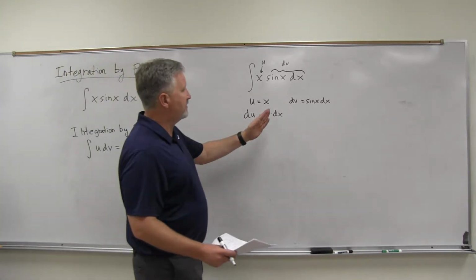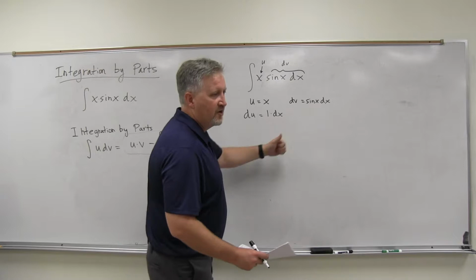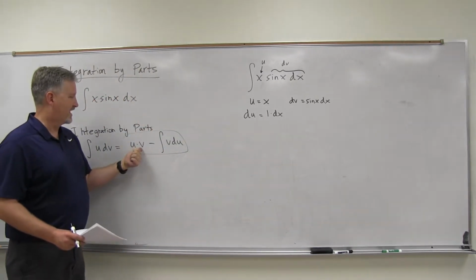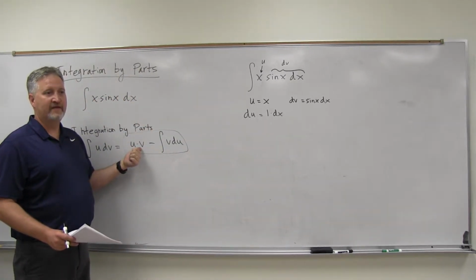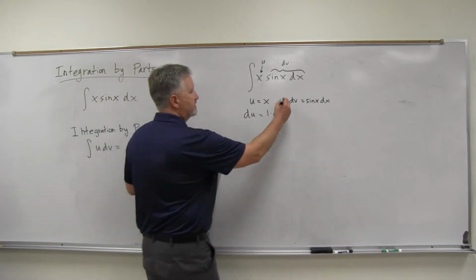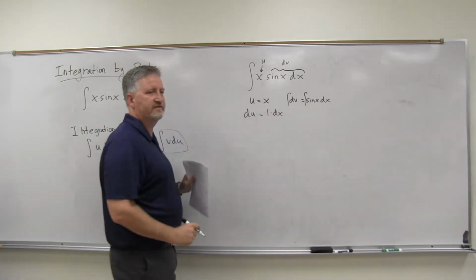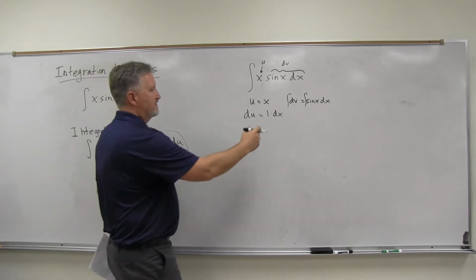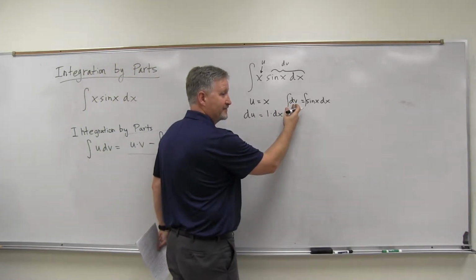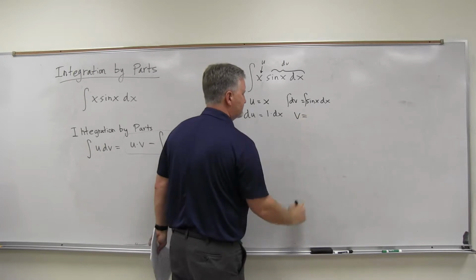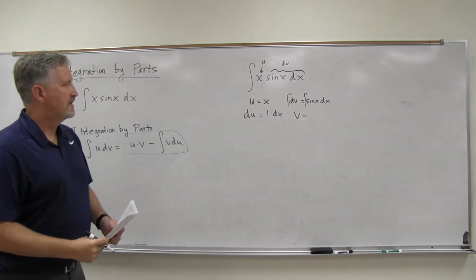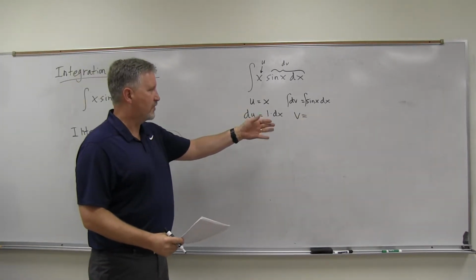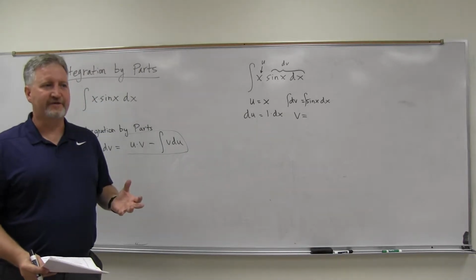Now, the other thing, this is dv. What do I need in the formula? I don't need dv, I need v. So to get to v, I'm going to integrate both sides of that equation, because the integral of dv is v. And the integral of sine x dx, hopefully that's an antiderivative you can do.